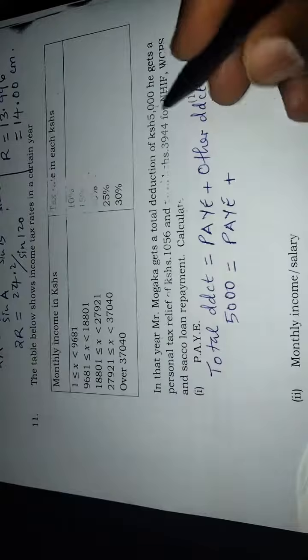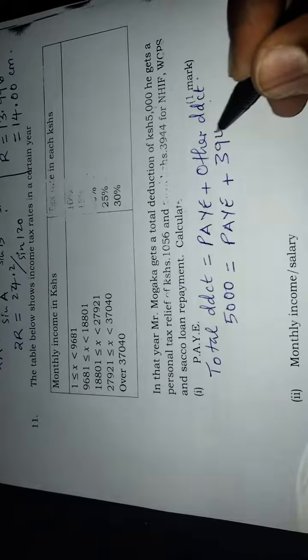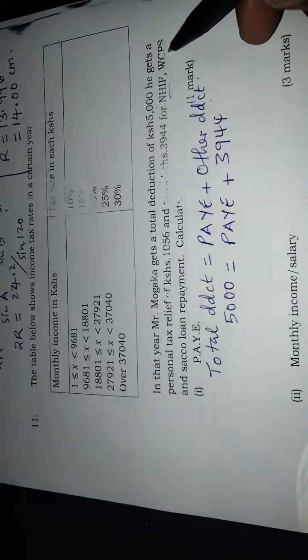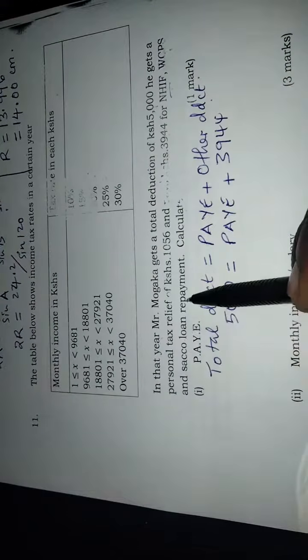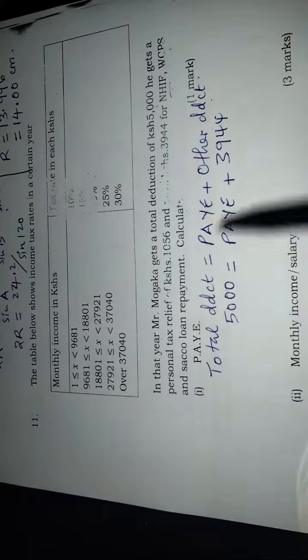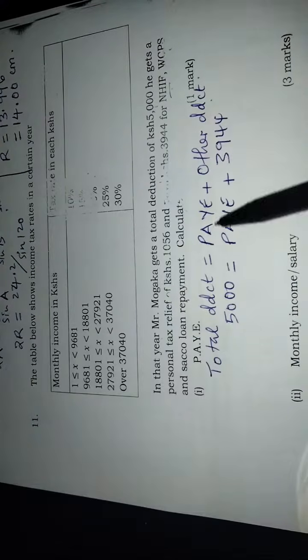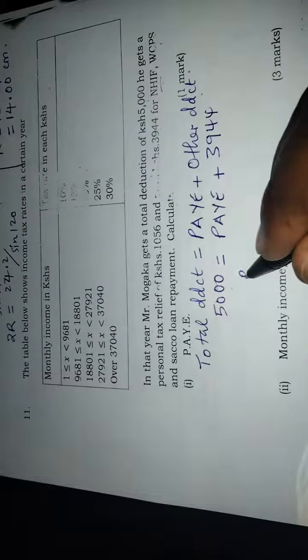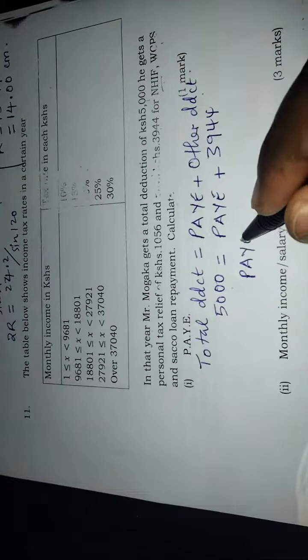So this guy pays 3944 for NHIF, for WCPS, and also for a loan repayment. So we have other deductions. The payee is unknown, but we know total deductions. So we can get the payee for this individual.